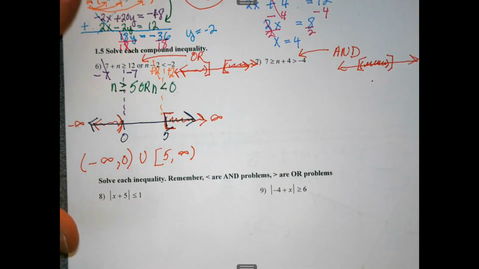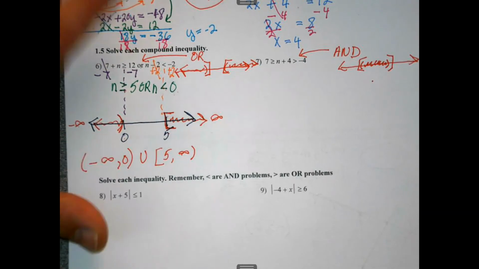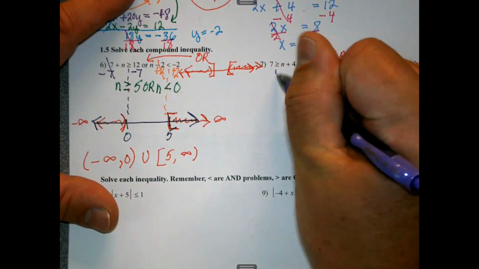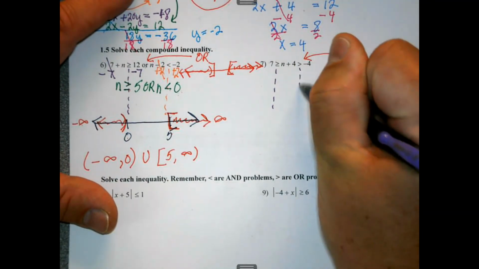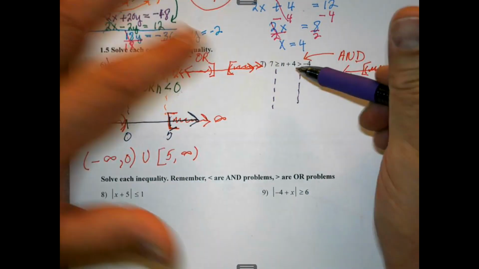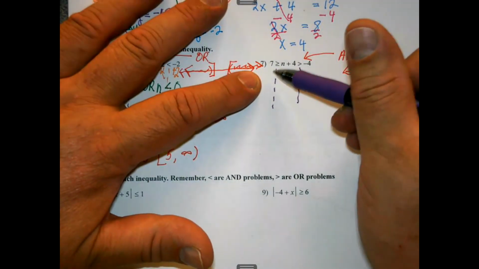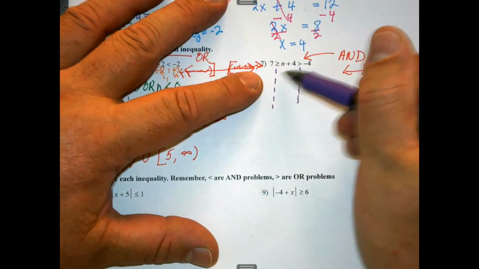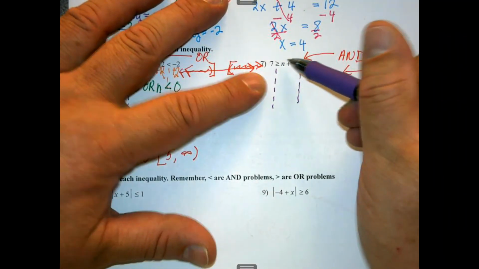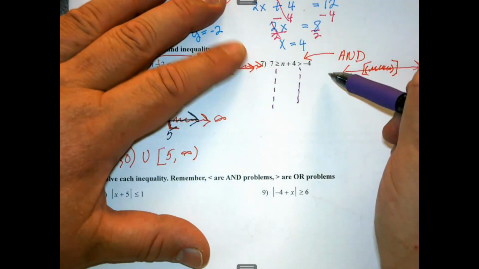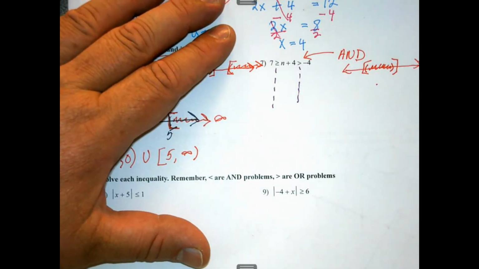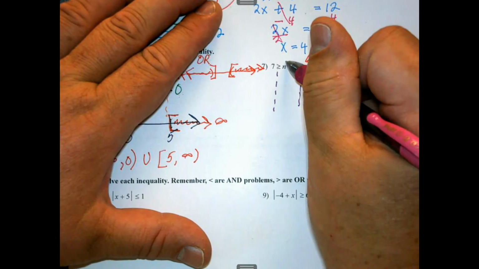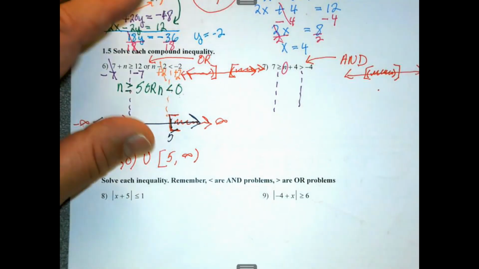Okay, the AND problem. Now, the biggest mistake with the AND problems, they're squished together. A lot of students try to get rid of this 7. They go left to right. So they start subtracting 7. We have to work from the middle out. Okay? We have to get this n by itself.